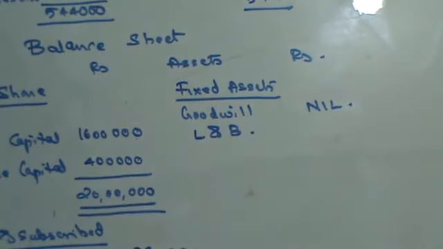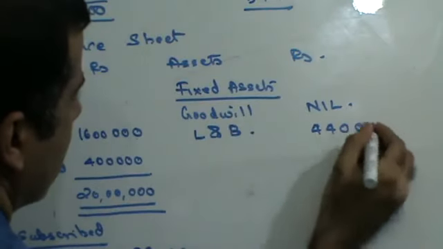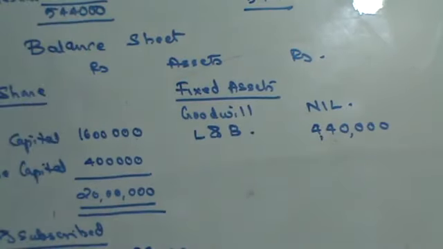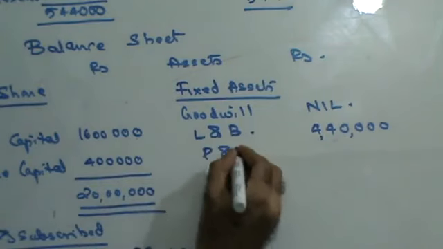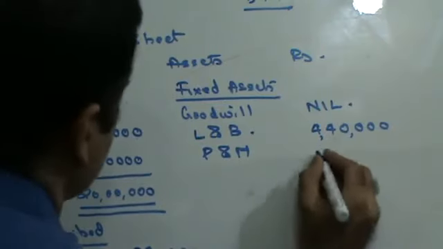Land and building is 3,20,000 and you have land and building on the debit side 1,20,000. So that will come to 4,40,000. Then you have plant and machinery. Plant and machinery is 2,40,000 and that's it. You don't have an entry with plant and machinery, so that remains as it is.